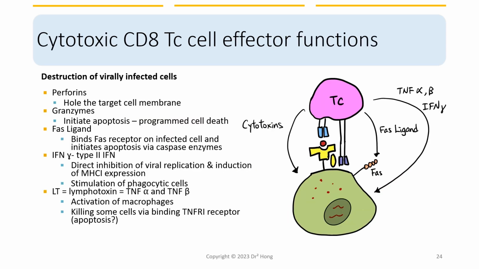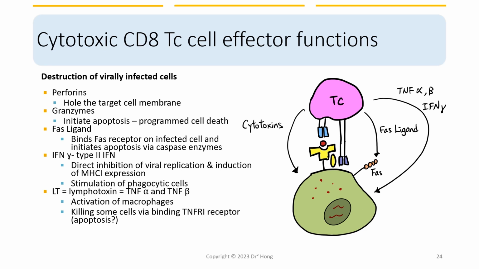So how do cytotoxic CD8 T cells carry out their effector functions, meaning how do they destroy virally infected cells? Now, they release an array of compounds such as cytokines and cytotoxic granules. We've seen some of those, right? Perforins.